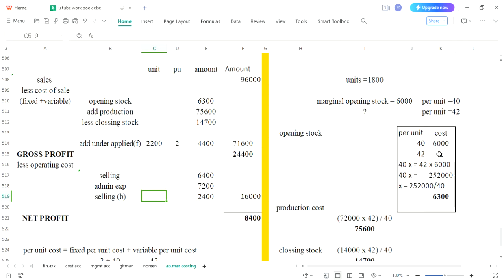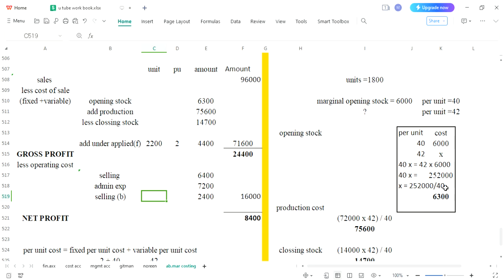So at 40 per unit cost, you were having 6,000 opening stock, but we were willing to know how much opening stock would be if our per unit cost changed from 40 to 42. Here unitary method was used where we have calculated our new opening stock. 6,000 was old opening stock, 6,300 was new opening stock. This 6,300 now includes the element of fixed cost.